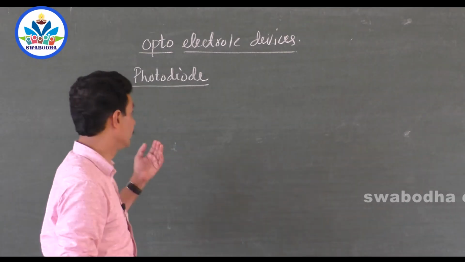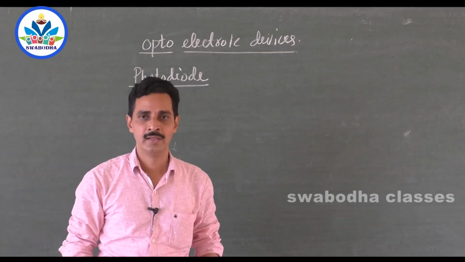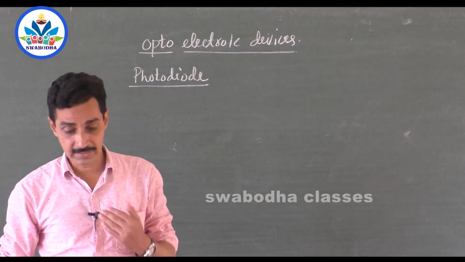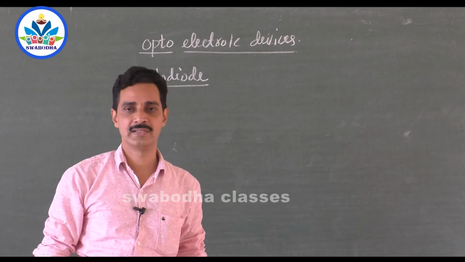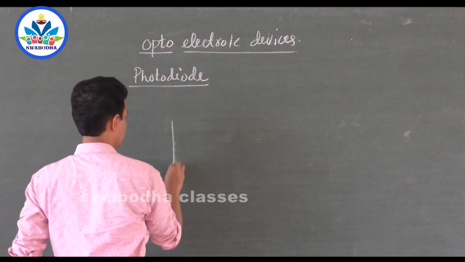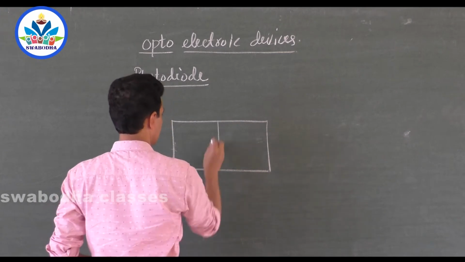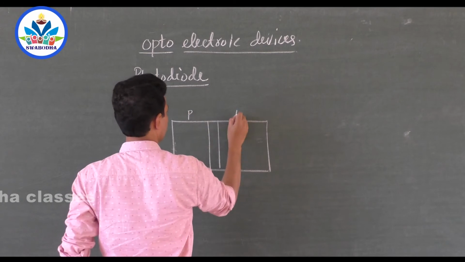Now here comes one more diode called the photodiode, which is also used in reverse bias, and it is a special diode where light is made to fall on the junction. If you have the p-n junction structure like this, this is the junction and here are the ions, this is the p side and this is the n side.